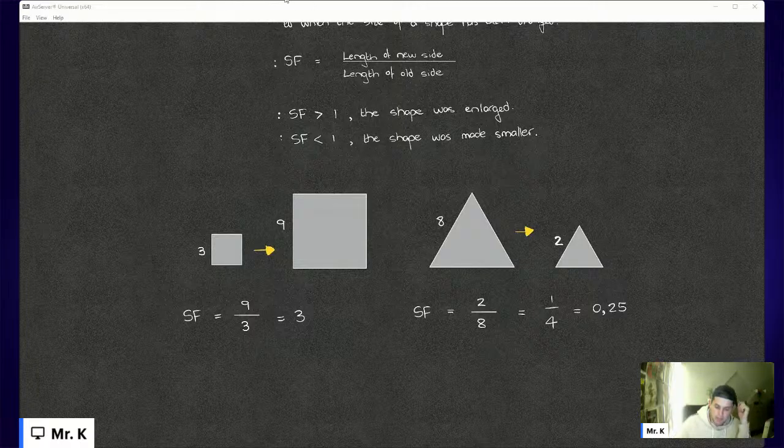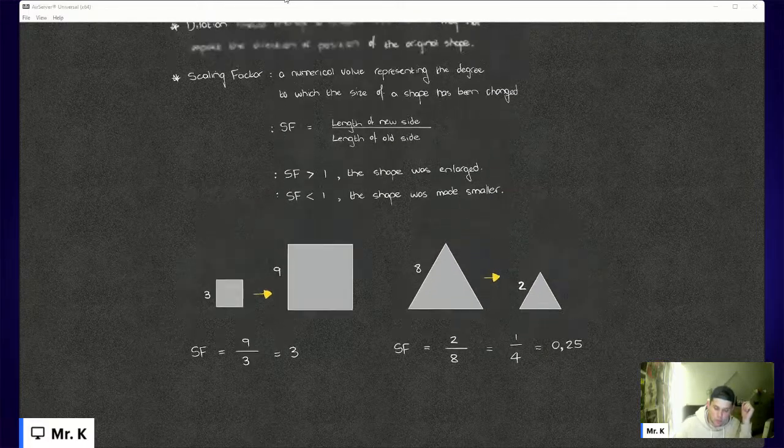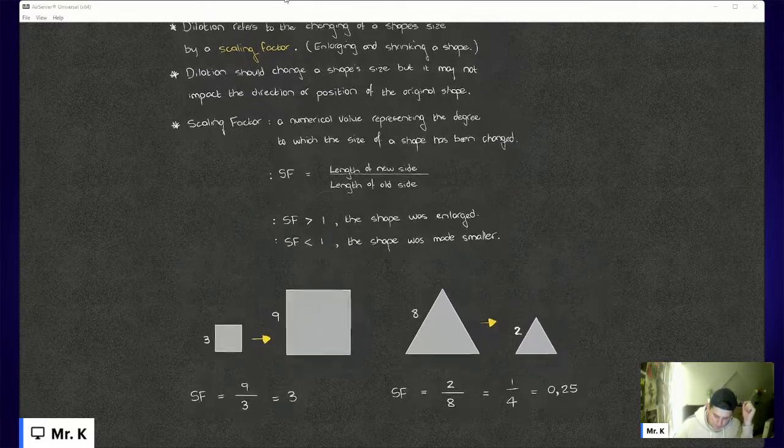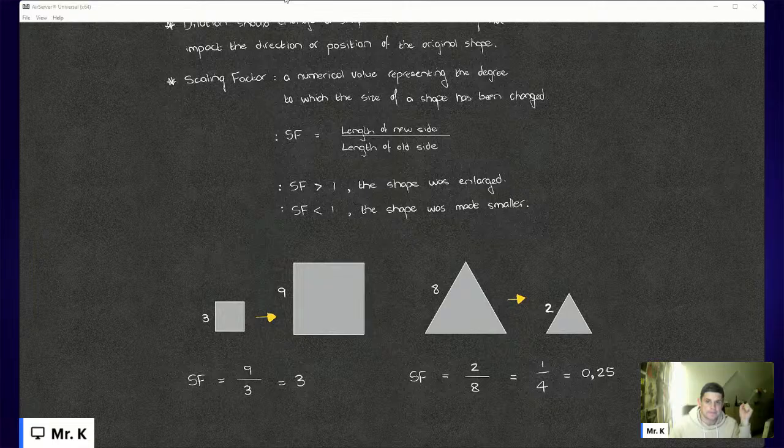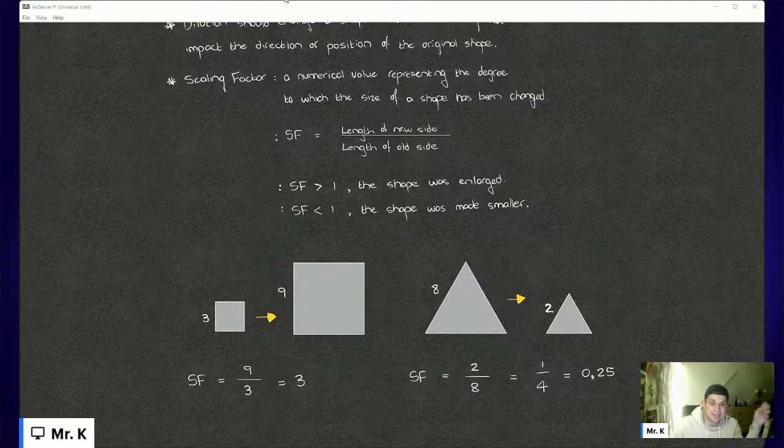Now, this is quite important because when we decide to go and work on a grid, my coordinates are going to change quite a lot. Understanding how we move from the original coordinate to a new coordinate once the shape has been dilated takes a little bit of practice.